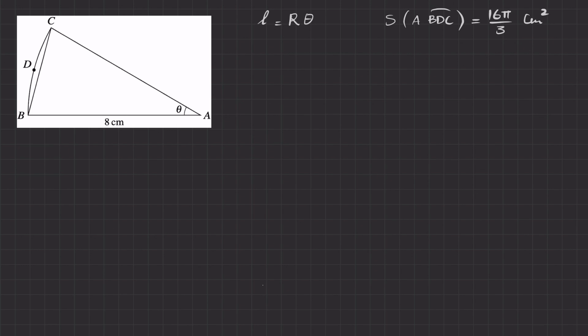But the formula for the area of the sector is 1/2 times the radius squared, multiplied by theta, if theta is expressed in radians, and this is equal to 16π/3.